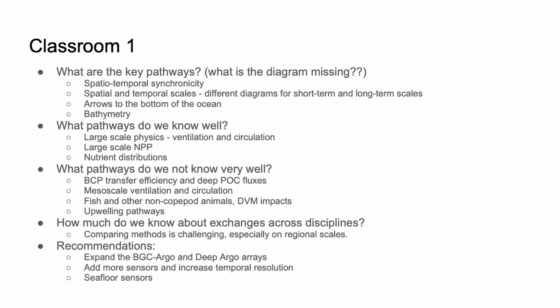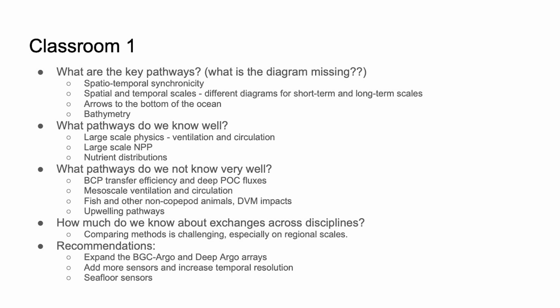So the large scale physics of ventilation and circulation to the deep ocean, large scale patterns of NPP and nutrient distributions. But we really struggled to come up with some of those what do we know wells at the end when we were making this slide, because there are so many that we don't know very well.